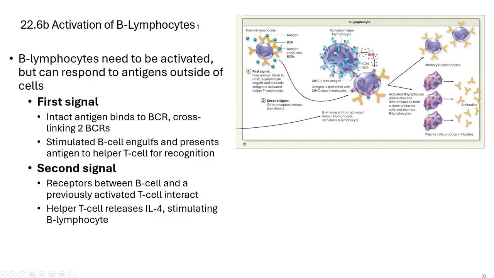And then an activated helper T cell, maybe from the previous step, right? Whenever it became activated, those activated helper T cells can now bind to and recognize these antigens, further stimulating the B cell, and then the B cell is going to divide into what's called a plasma cell, right? A plasma cell.